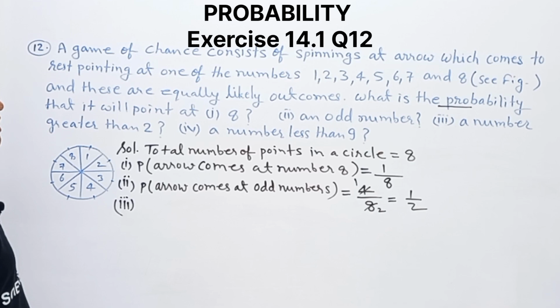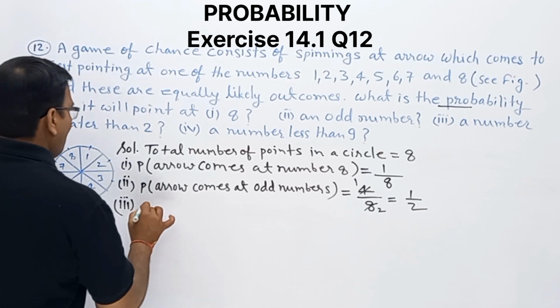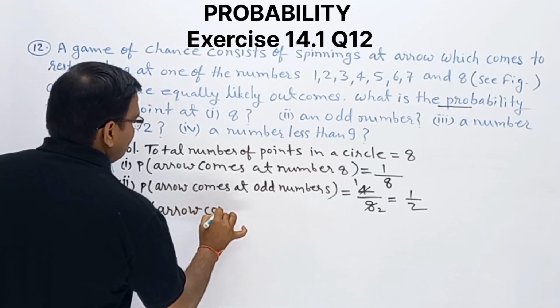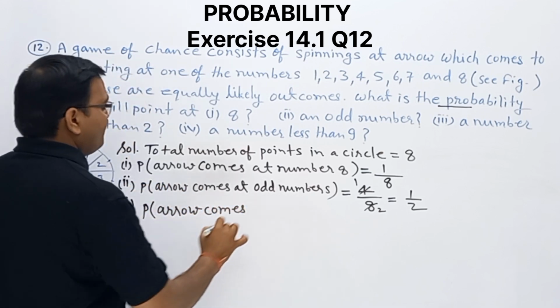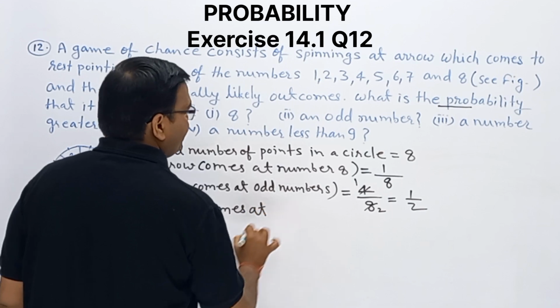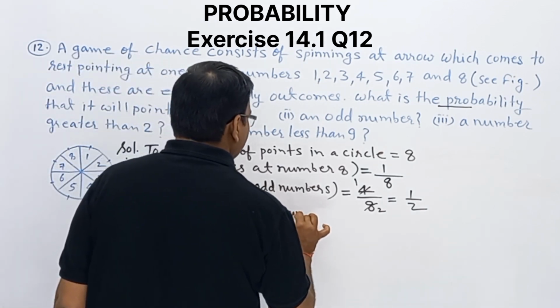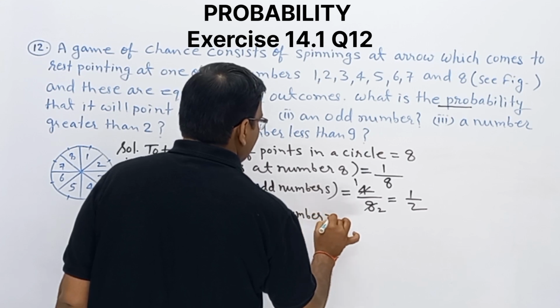Probability of the arrow coming at a number greater than 2.